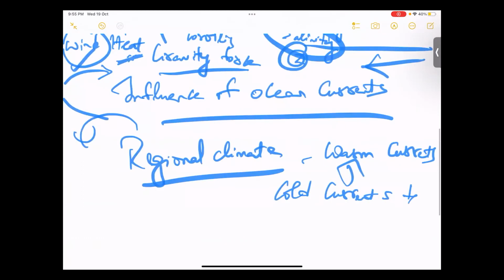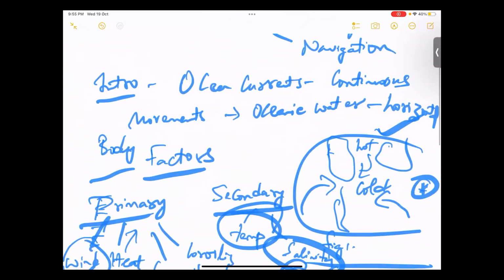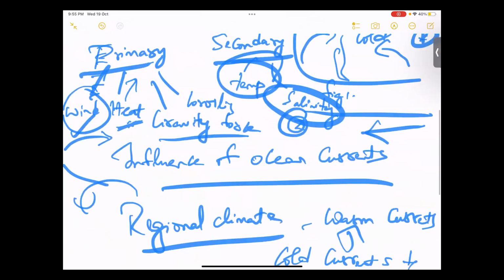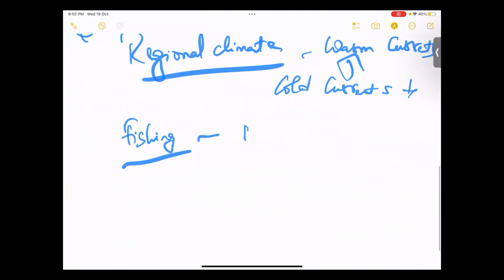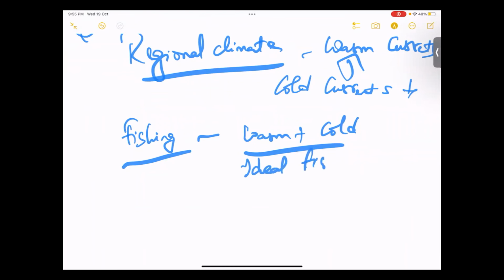And then next, fishing. Wherever warm and cold currents meet, those are ideal grounds for fishing. Why? Because a lot of plankton grows in these areas. So that is on fishing.